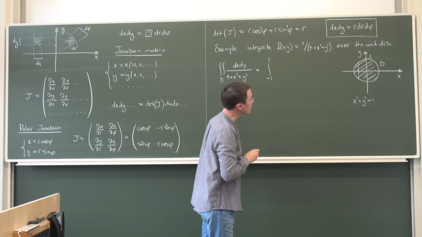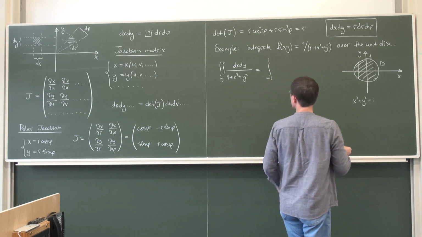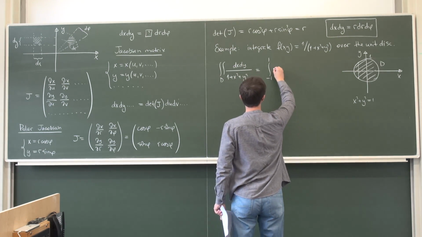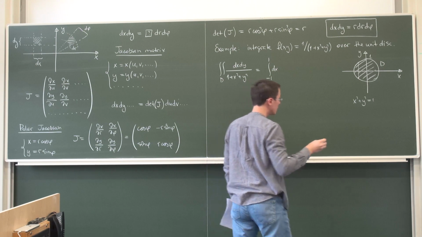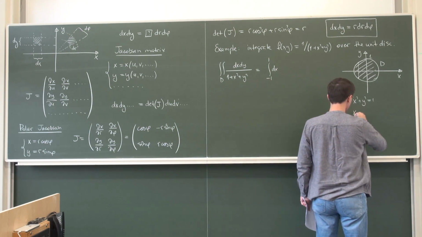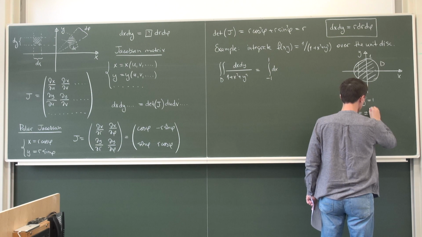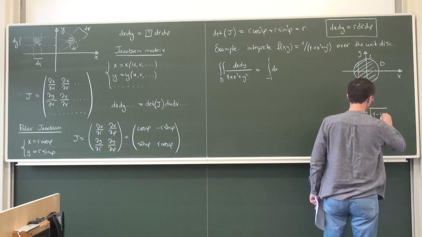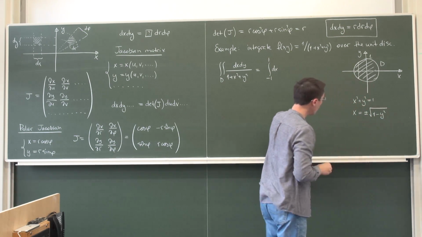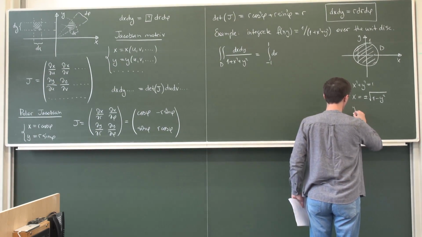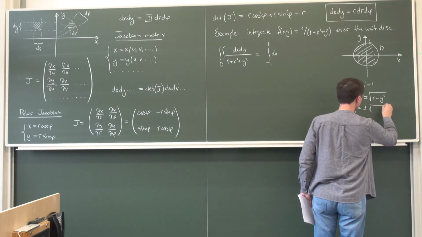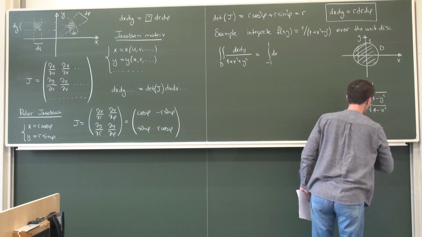The unit disk. And therefore, it's -1 to 1 dx, but we will have x equals plus or minus root 1 minus y squared, or equivalently, y equals plus or minus root 1 minus x squared.